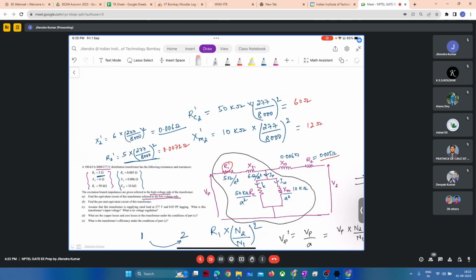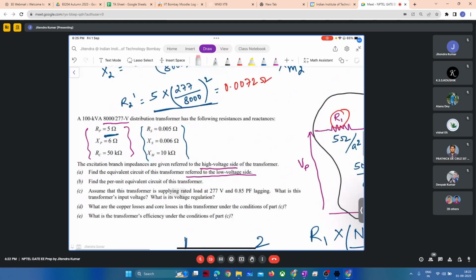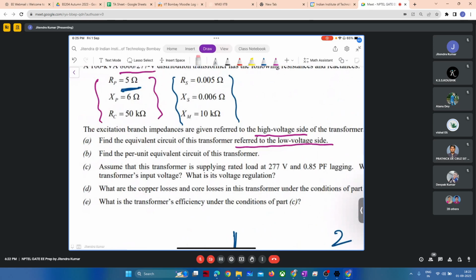Okay. So let us focus on the B part. We have to find out the per unit equivalent circuit of the transformer. Now, when we deal in terms of per unit, we have to decide something as a base value.